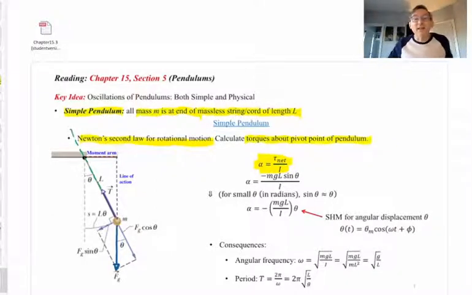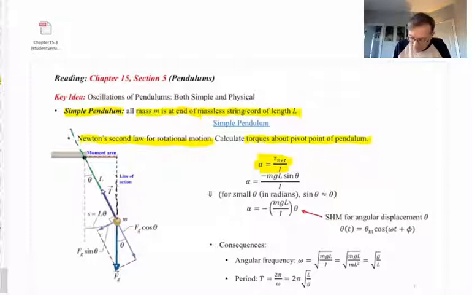Let's write down an expression for that torque. Here's the line of action for F-grav, going straight up. Then the moment arm, remember, is the perpendicular distance from the axis of rotation to the line of action. There, right there, is the moment arm for F-grav.